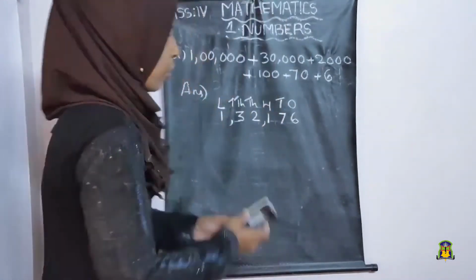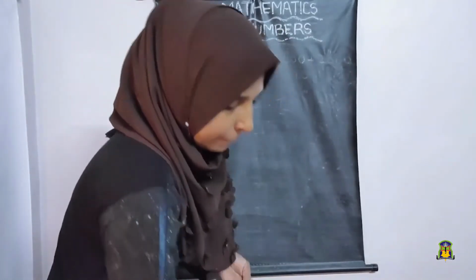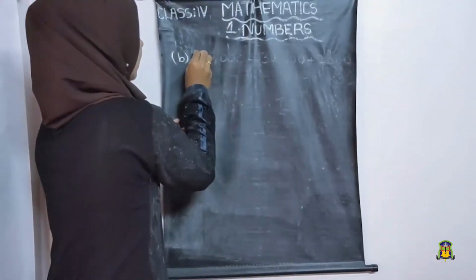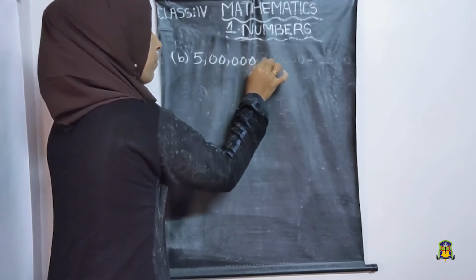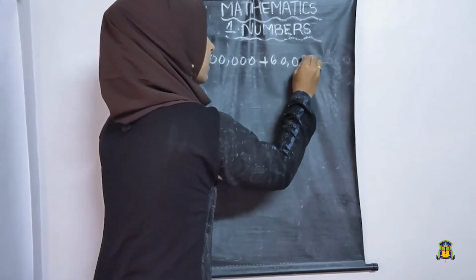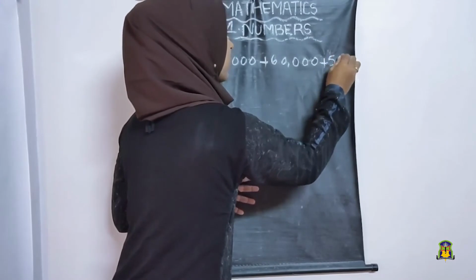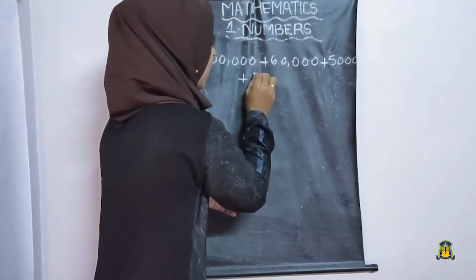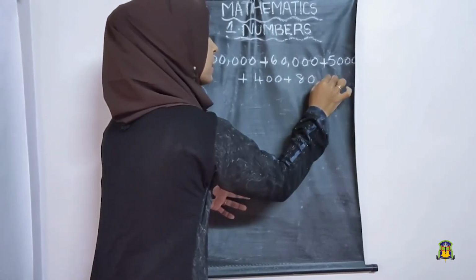Okay, let's do one more problem. I am going to write B. What is the given expanded form? 5 lakh plus 60,000 plus 5,000 plus 400 plus 80 plus 7.